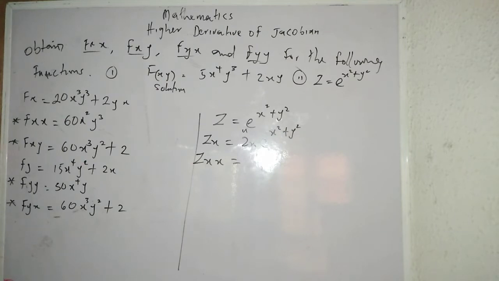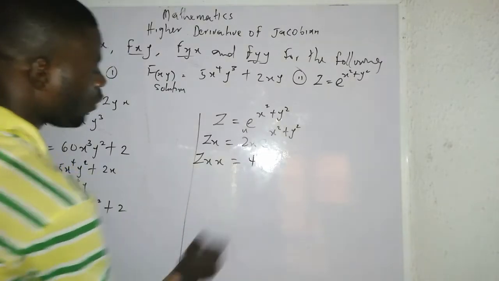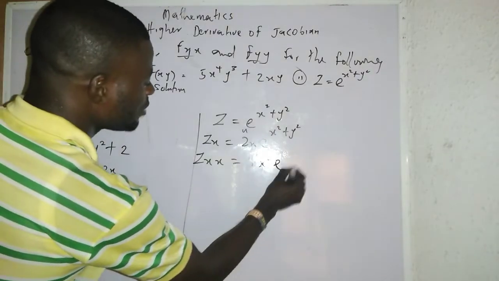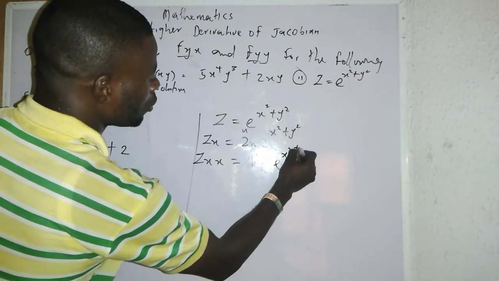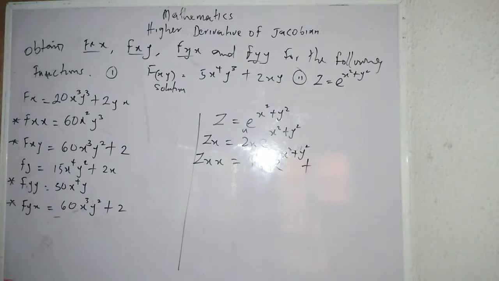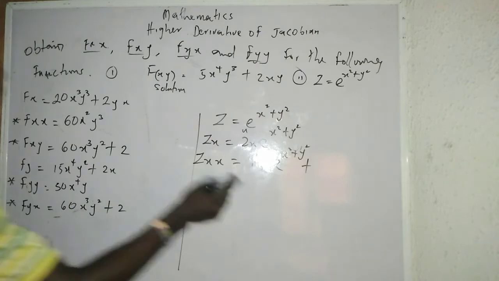Now, I'll be having 4x squared, because my x is coming down, e raised to power x squared plus y squared, plus, because of the product rule. If you don't understand product rule, go to our previous introduction to differential calculus.